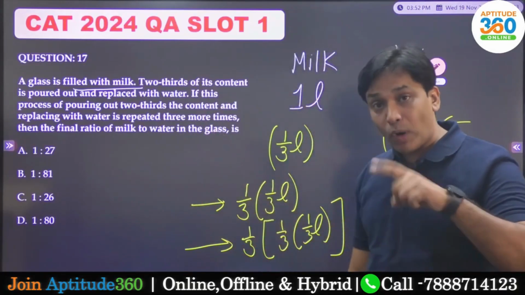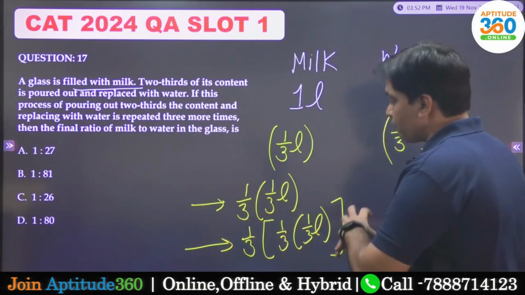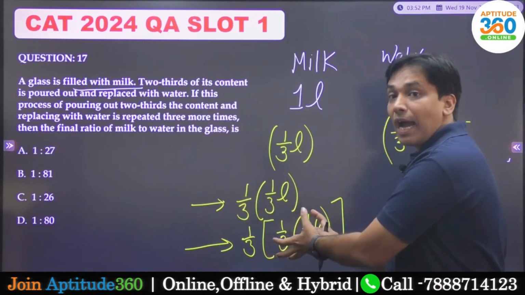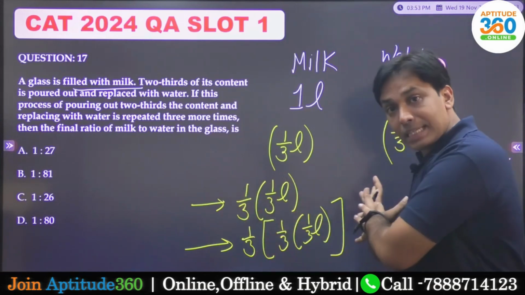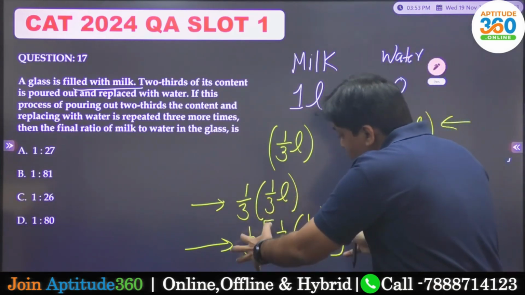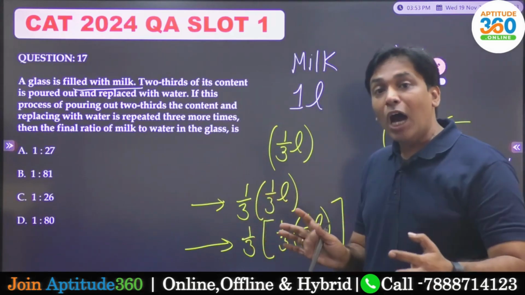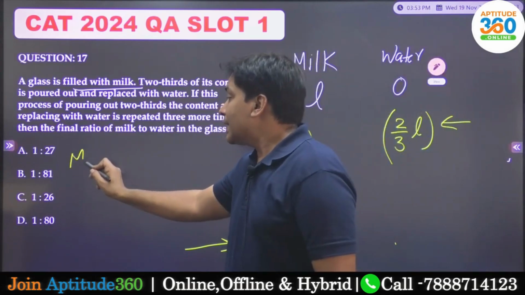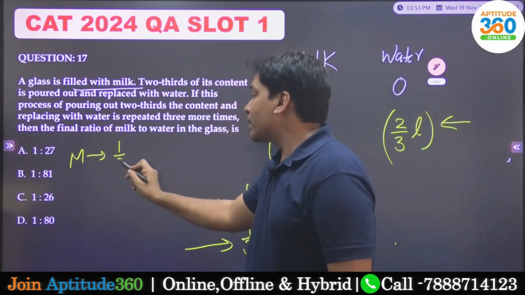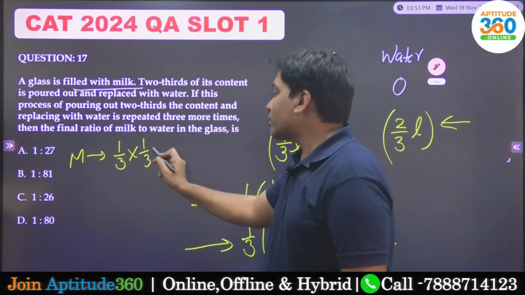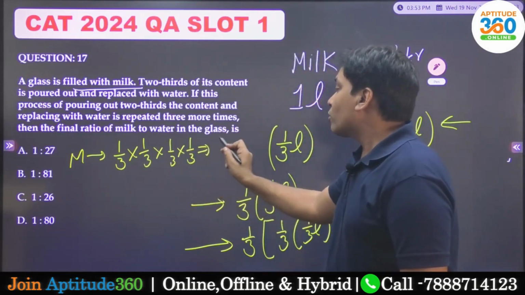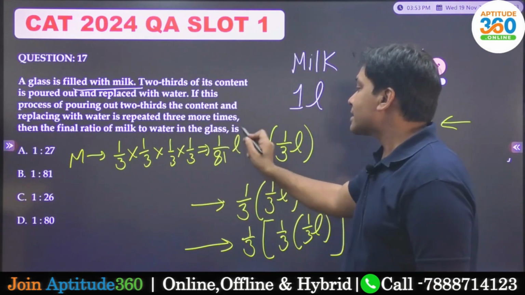Now we have to do it one more time. If you do it one more time, 2/3 of the milk will go out and be replaced with water. So how much milk is left? Again 1/3. So finally the milk in the glass is 1/3 into 1/3 into 1/3 into 1/3, and that comes out as 1/81 liters.